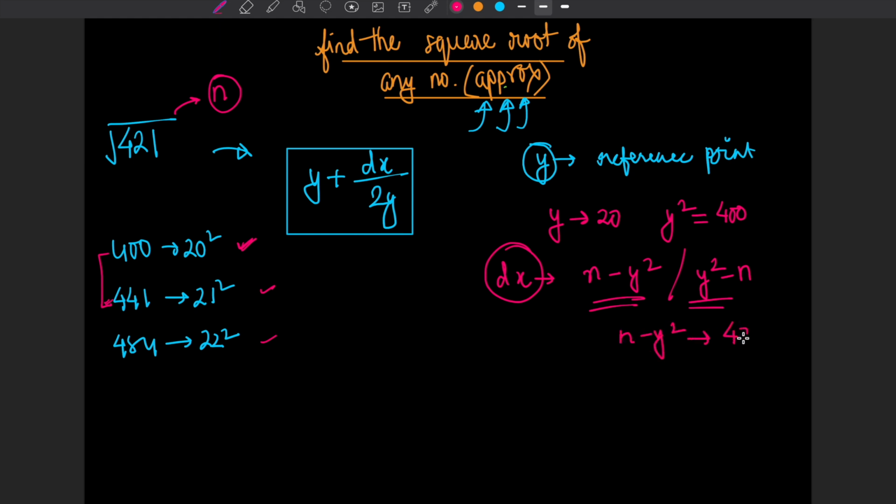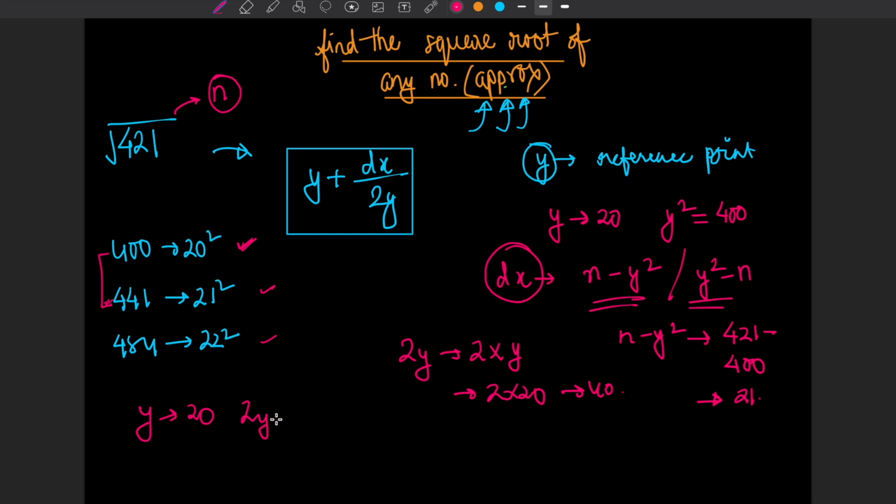That is 421 minus 400, that is 21. And 2y is twice of y, that is 2 into 20 equal to 40. So we found all our parameters. Y is 20, 2y is 40, and dx is 21.